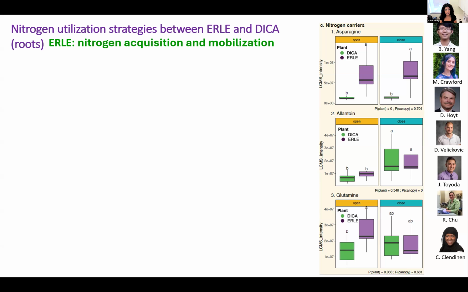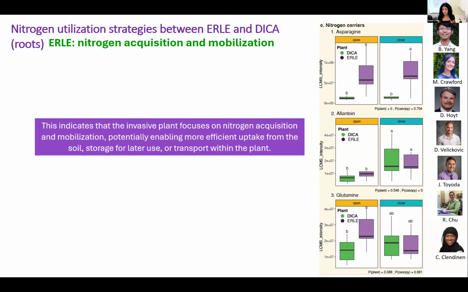This upregulation suggests that the invasive species focus on effective nitrogen acquisition and mobilization, enabling more efficient uptake from the soil, storage for later use, or transport within the plant compared to the native species.